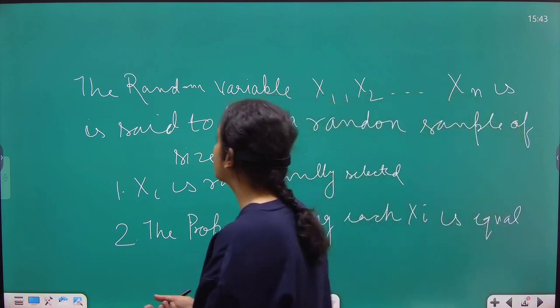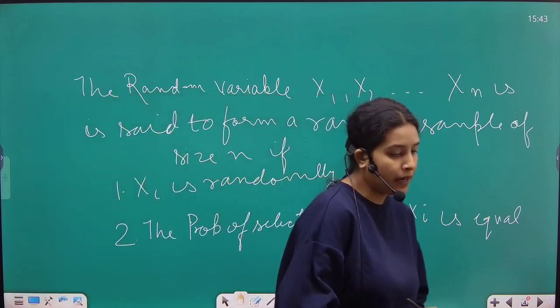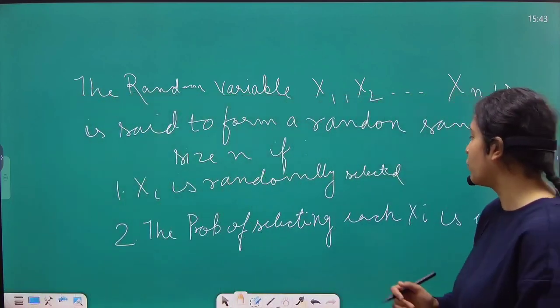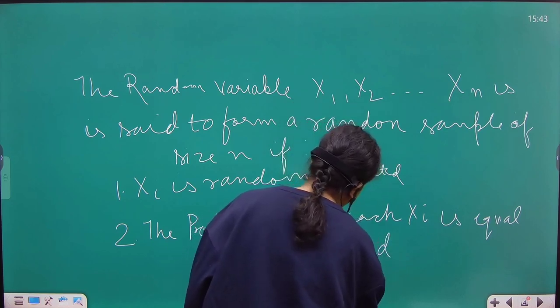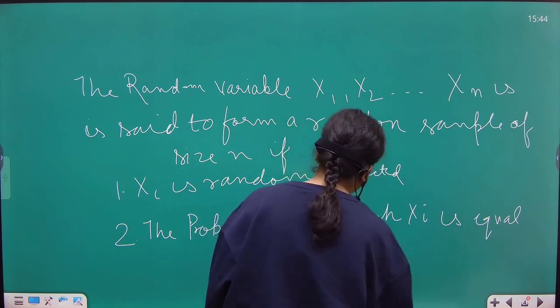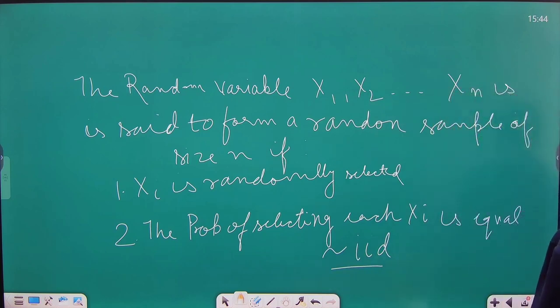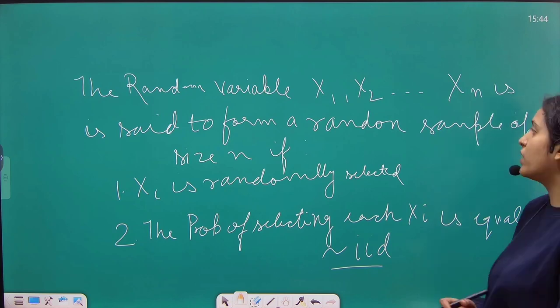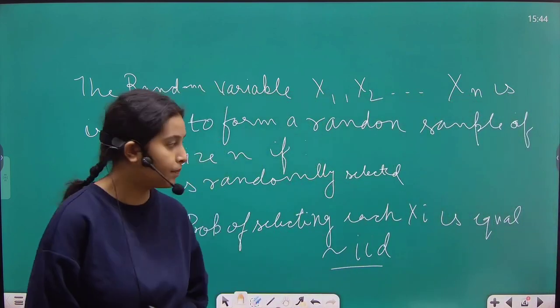In short, we can say that it is independent and identically distributed, which is IID. A random variable is independent and identically distributed, and this condition is only satisfied when the sampling is done without replacement.